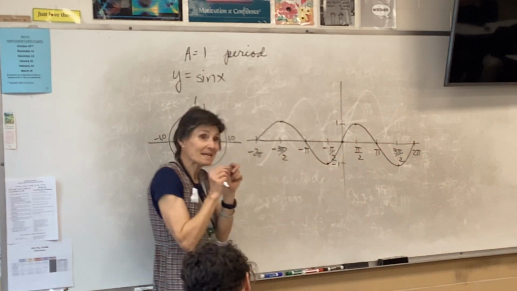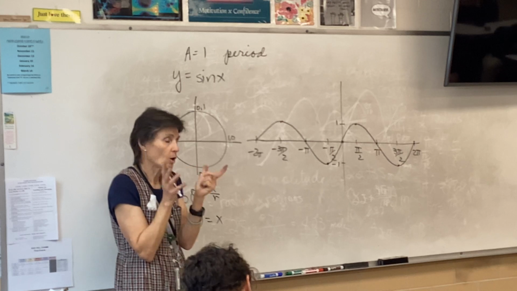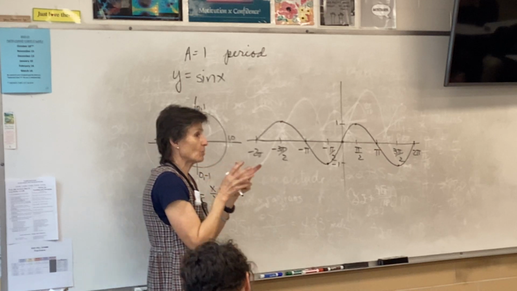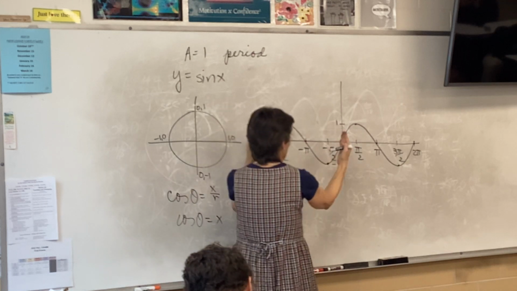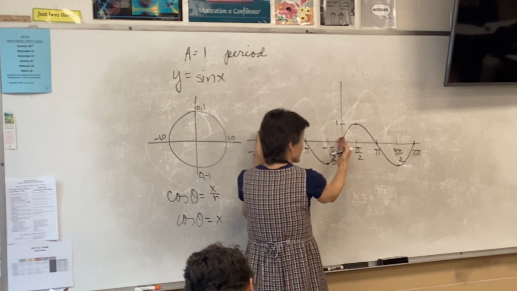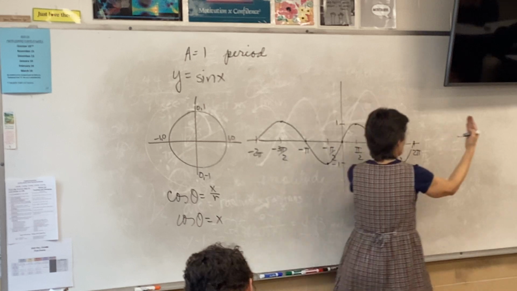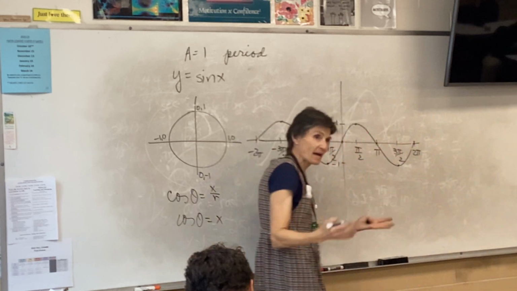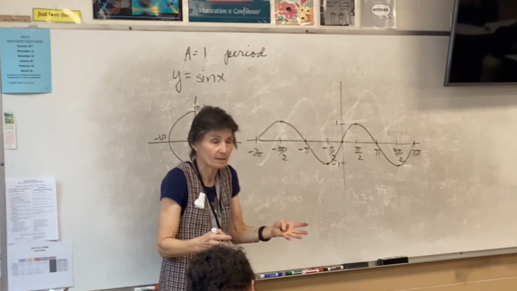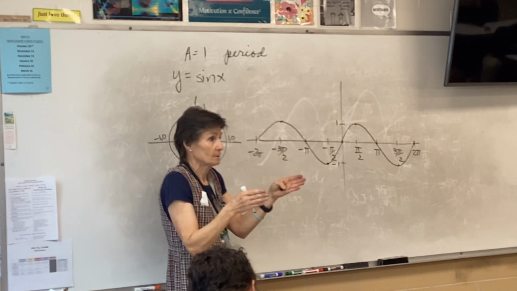The repeating chunk is called the period. So for a sine curve, it's a hill and a valley. If you cut this much out, you could create the curve by just pasting that piece end to end to end. That's what it means when we say the period is that chunk.